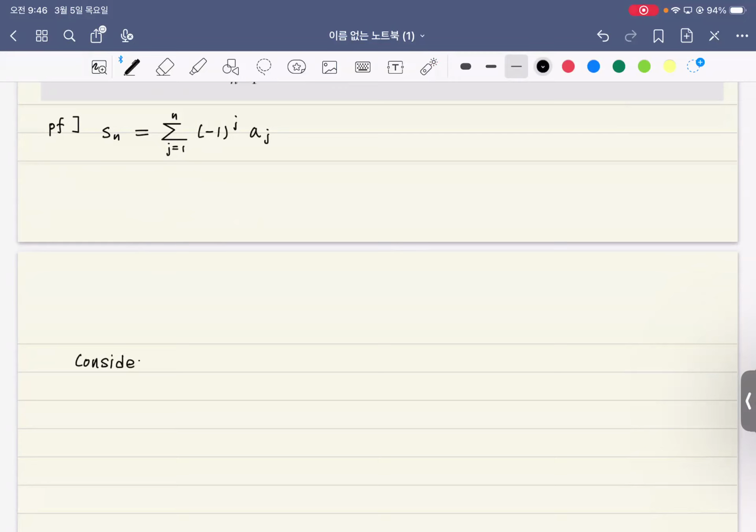We consider S_2n. This is a subsequence obtained from the partial sum sequence, and this new sequence only contains the even index terms, more explicitly S_2, S_4, S_6, and so on.